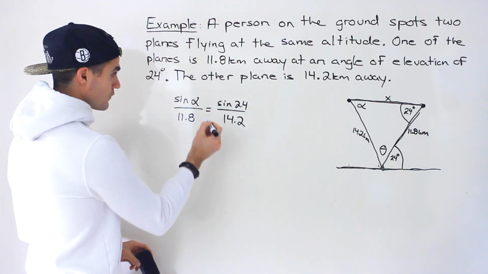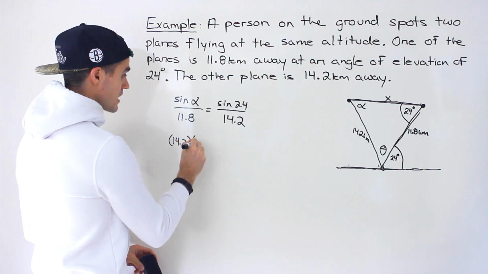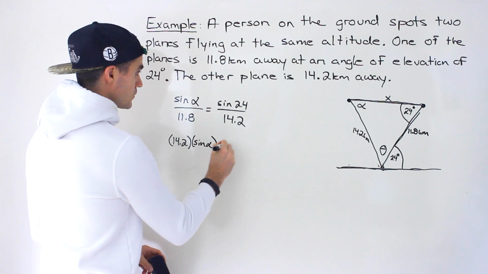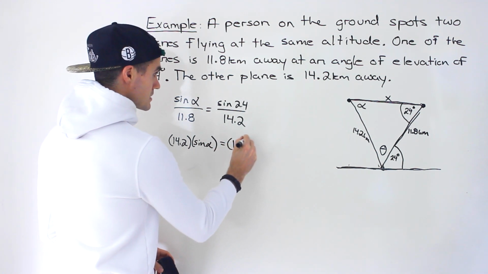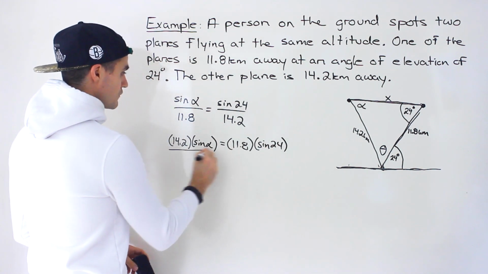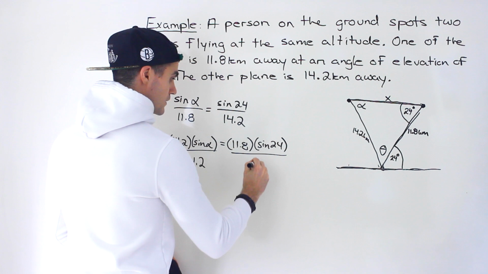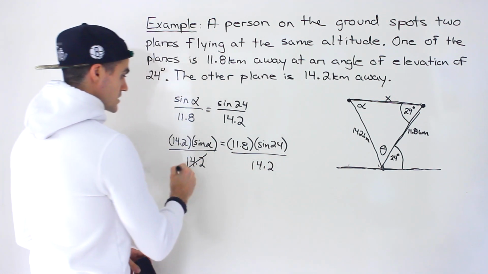So let's first solve for this alpha. First we would cross multiply. So 14.2 times sine of alpha equals 11.8 times sine of 24, like this. Then we could divide both sides by 14.2. We're trying to get this sine of alpha on its own.